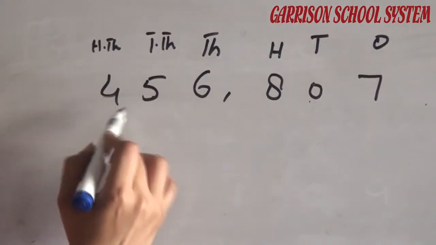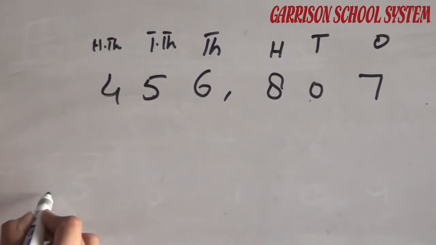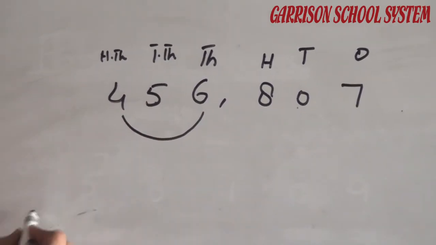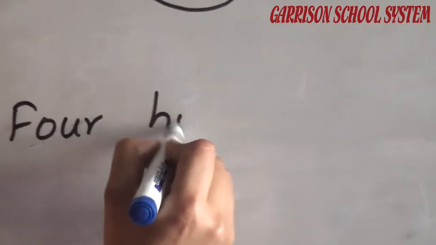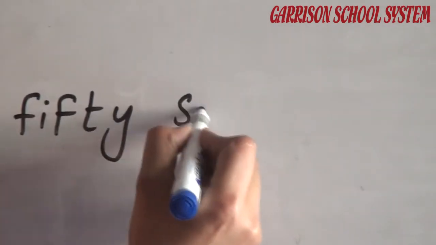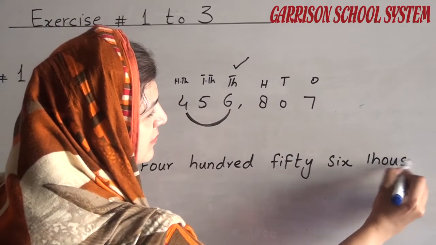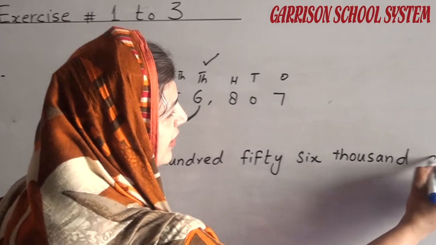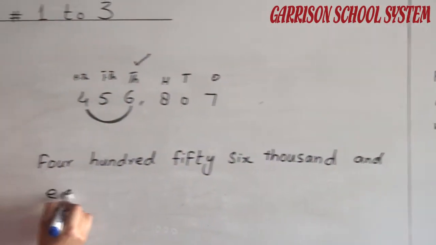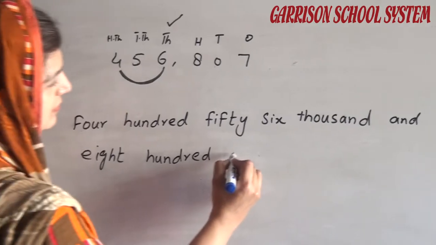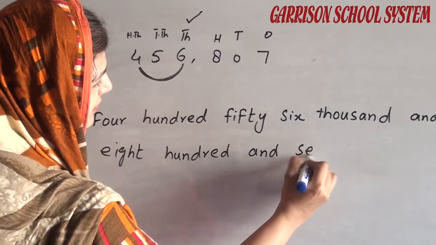First of all, we pair it. 456,000 and 800 and 7.